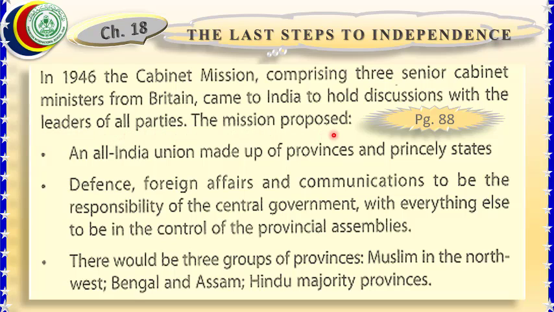The mission proposed an all India union made up of the provinces and princely states, with defense, foreign affairs and communication to be the responsibility of the central government, and everything else to be in the control of the provincial assemblies.